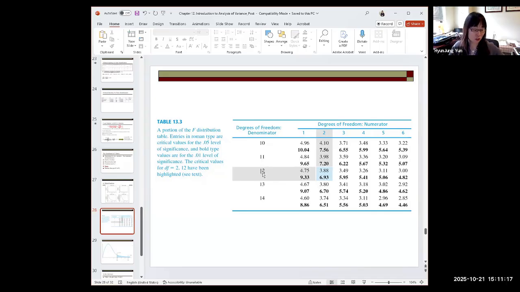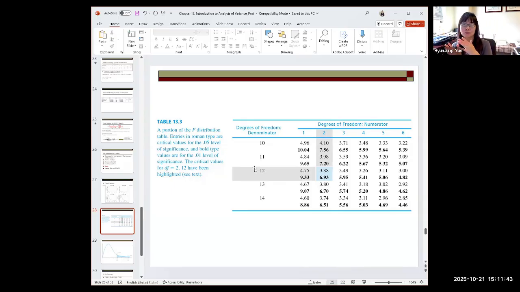If your sample size is huge, like what we use for the data sets, as you see on the hard copy page, the degrees of freedom goes up to 1,000. There are intervals like 65 to 70, and 100 and 125.